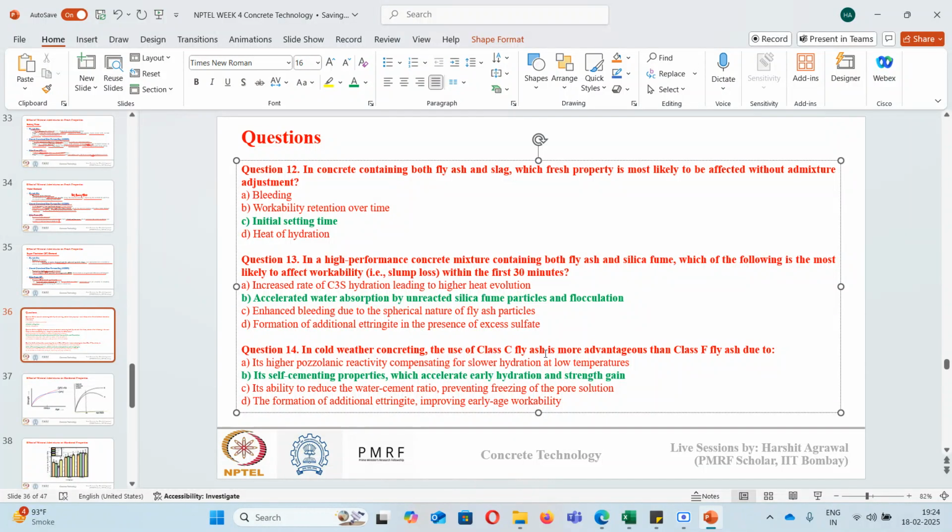In class C fly ash, there is a higher proportion of calcium oxide, which shows self-cementing property. It can react with water independently to contribute to the early strength gain. This makes it beneficial in cold weather, where early strength development can be crucial to avoid any freezing damage. So the answers are first C, then B, and then B.